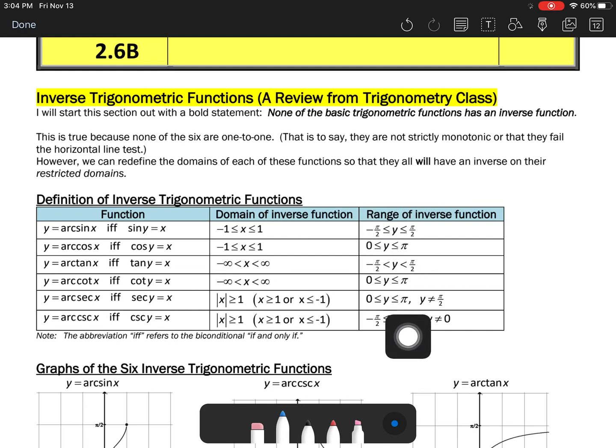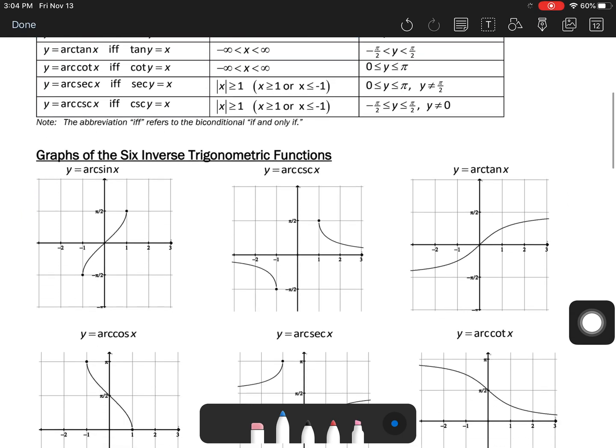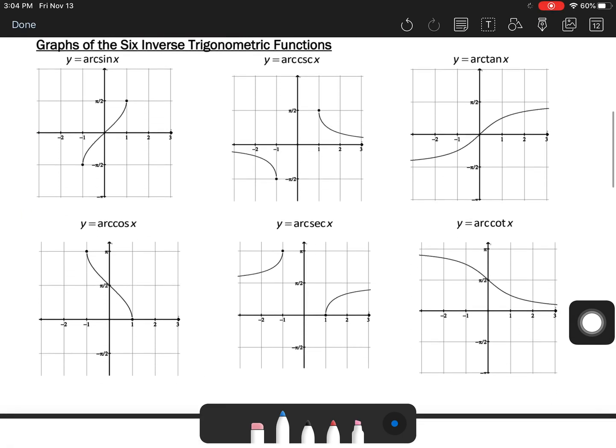And so with these restrictions, that creates that one-to-one piece and allows us to get the inverse. Okay, and so these are just some of the graphs of the six inverse trig functions. You're not going to have to reproduce these graphs. It's just something that we can refer back to.